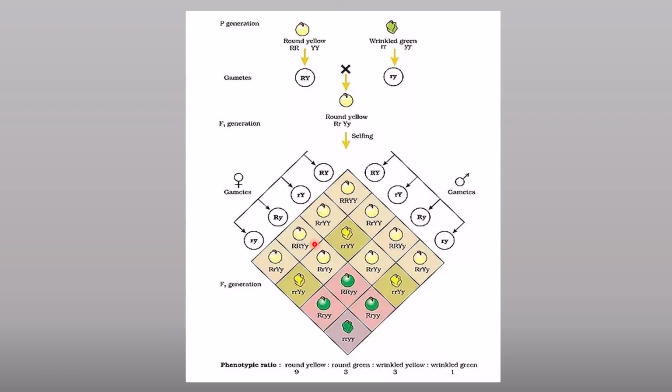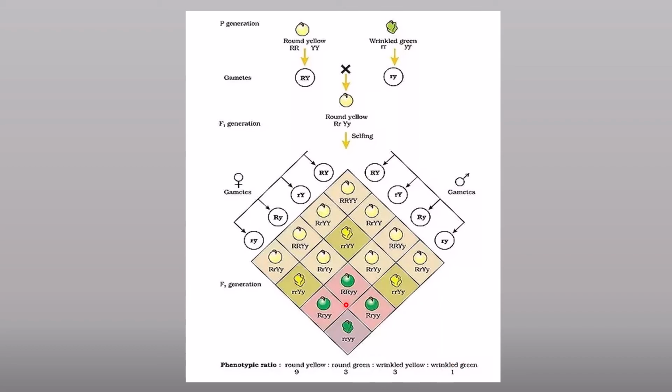So plants with round yellow seeds were there, plants with round green seeds were there, plants with wrinkled yellow seeds were there, and plants with wrinkled green seeds were there.